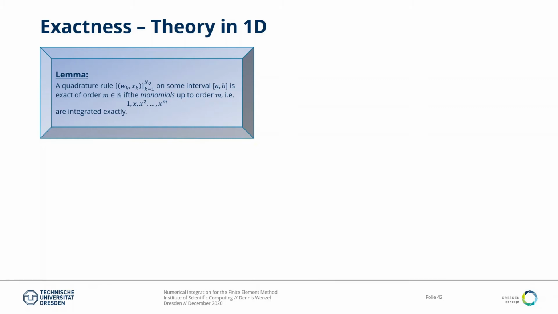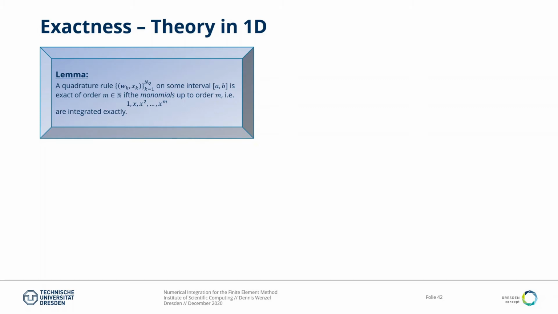So it's sufficient to know that these monomials are integrated exactly, then every polynomial of that same degree is integrated exactly. And that proof is also similar to the one that we did in the lecture when we talked about this basis testing, because it again comes down to finding out that the integral is a linear operator, so you can linearly combine every polynomial as monomials and so on.